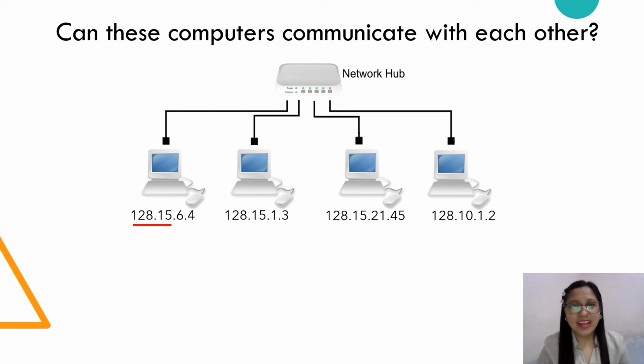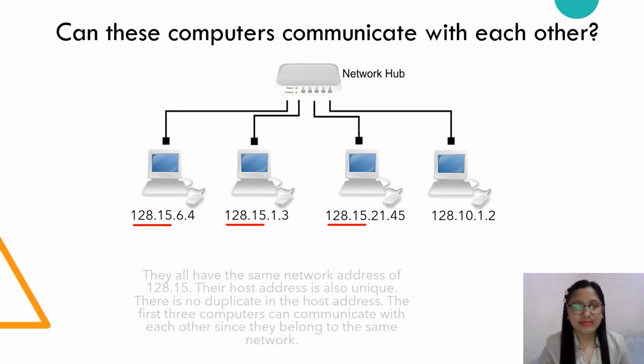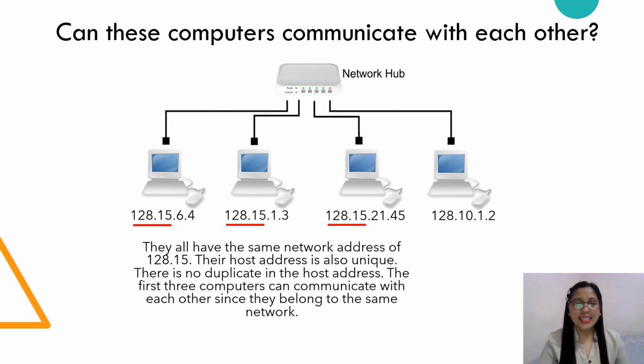They all have the same network address of 128.15. Their host address is also unique. There is no duplicate in the host address. Again, since they have the same network address of 128.15, the first three computers can communicate with each other.